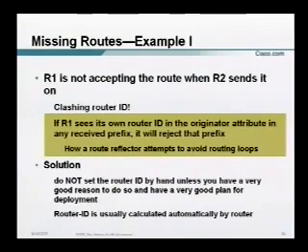R1 is not accepting the route when R2 sends it onwards, and the reason is usually something like the clashing router ID. If R1 sees its own router ID in the originator attribute in any received prefix, it will reject that prefix. If my router ID is there, that means I've sent the prefix out somewhere and it's coming back to me. So I don't want to hear it again, because I know it's mine.